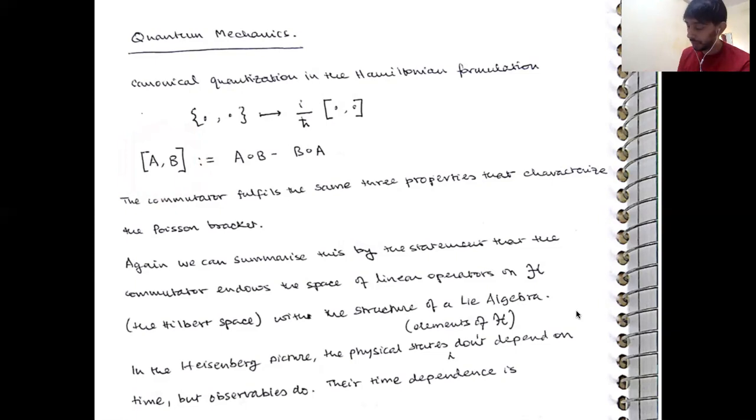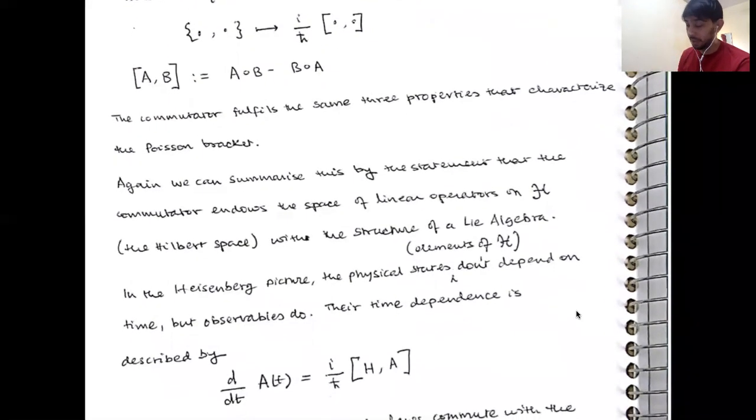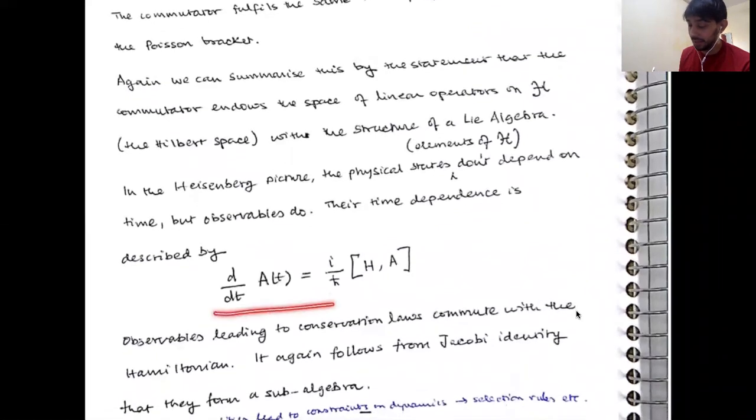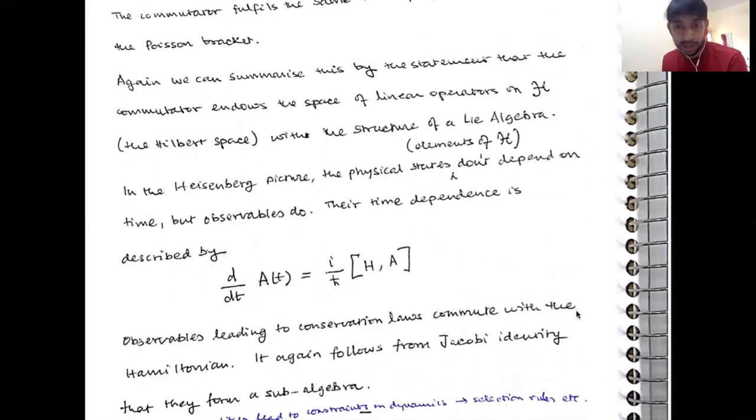Now remember that if you are in the Heisenberg picture, the physical states, which are the elements of the Hilbert space, don't depend on time, but the observables do. Their time dependence is given by dA/dt = (i/ħ)[H, A].